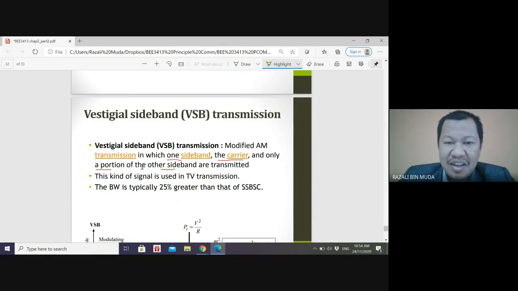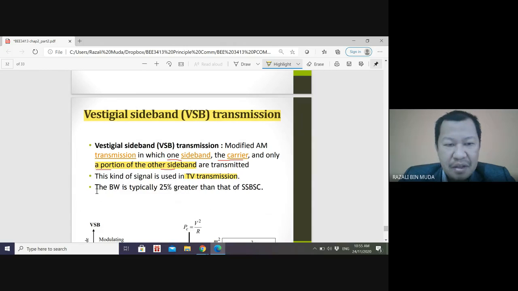This kind of signal is widely used in TV transmission. Basically, TV is using AM frequency and it uses vestigial sideband transmission.